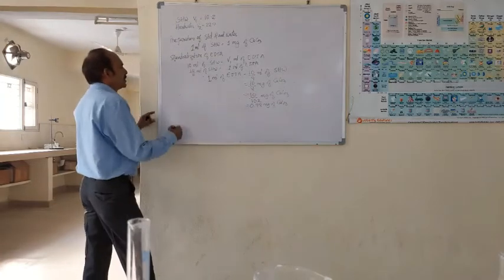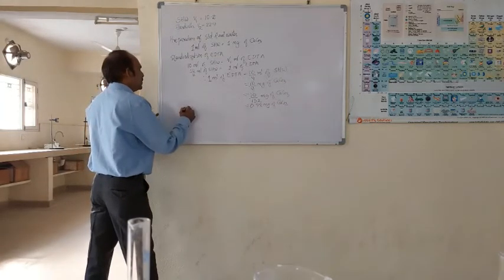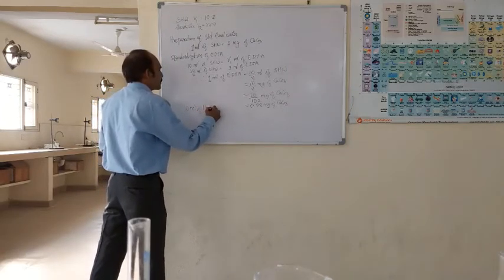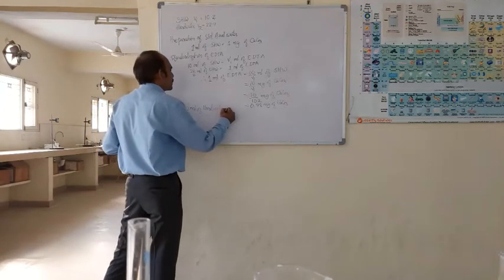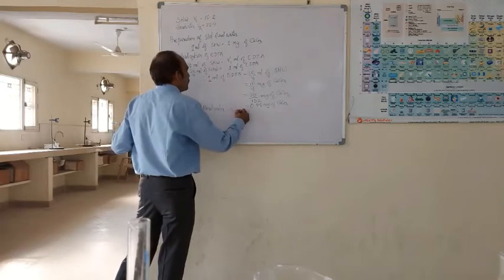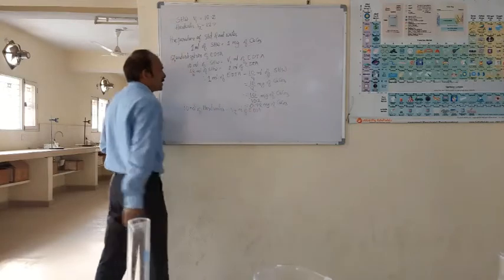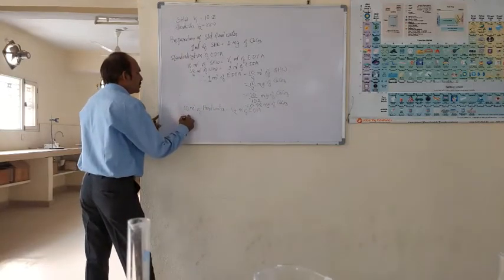Similarly, for the hard water, 10 ml of hard water is equal to V2 ml of EDTA. So we have to calculate for 1 liter. 1 liter is equal to 1000 ml.